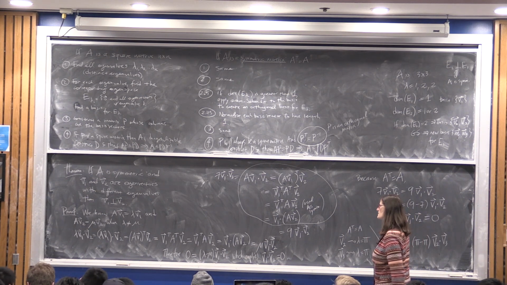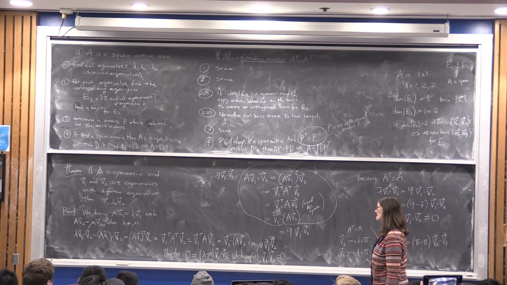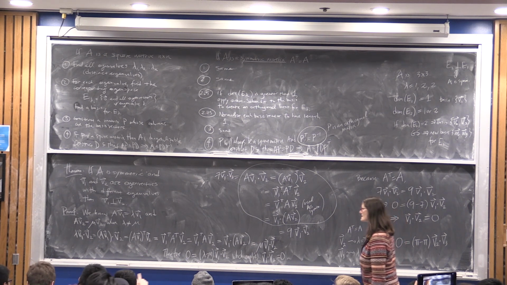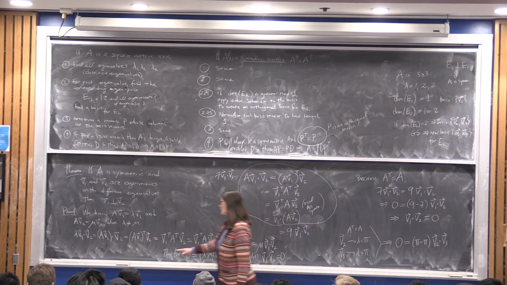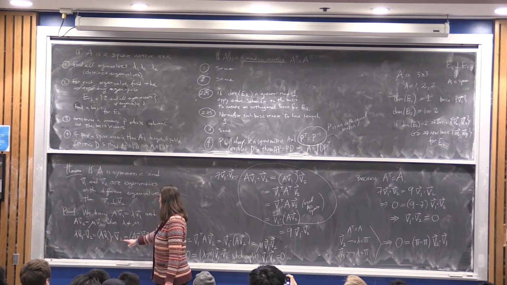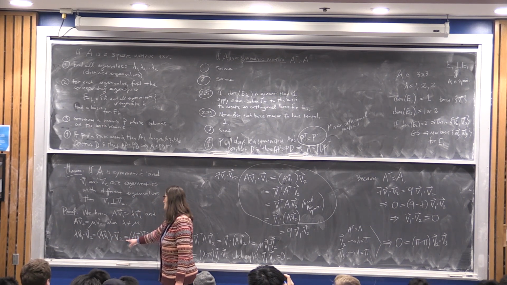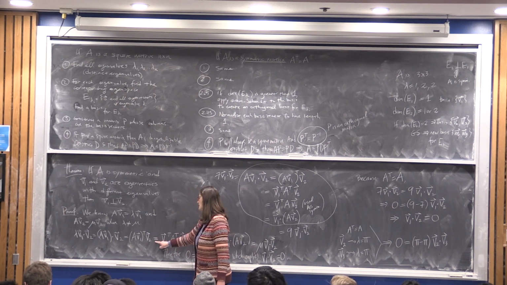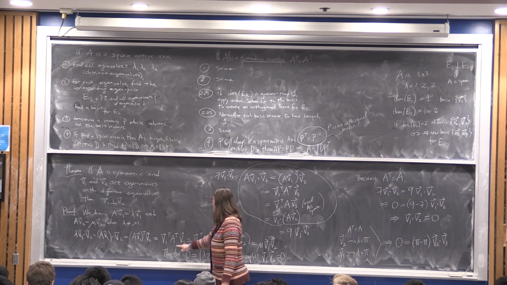Okay, where did I use that the matrix was symmetric? So here I used that I had an eigenvector. Here I used the definition of dot product. Here I used how transpose plays with matrix multiplication.